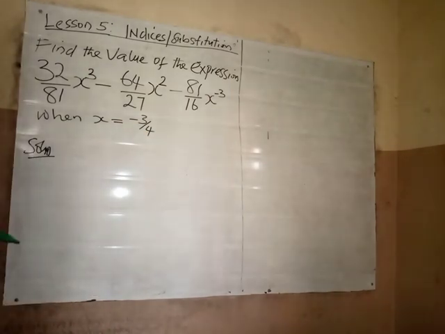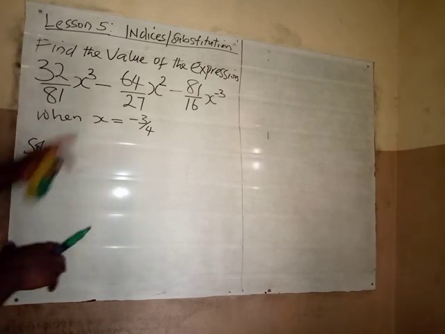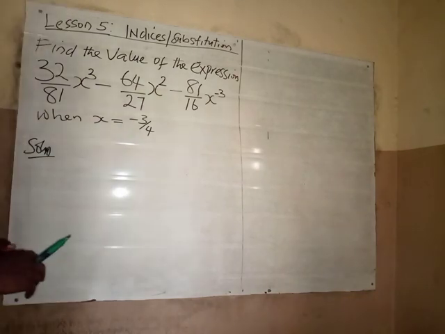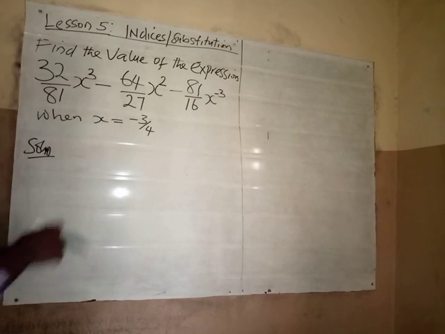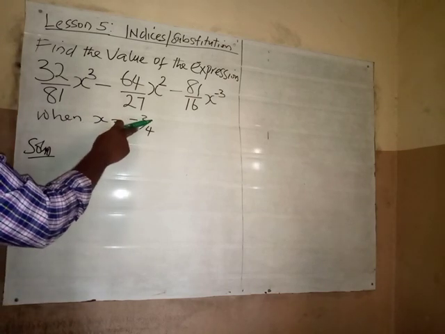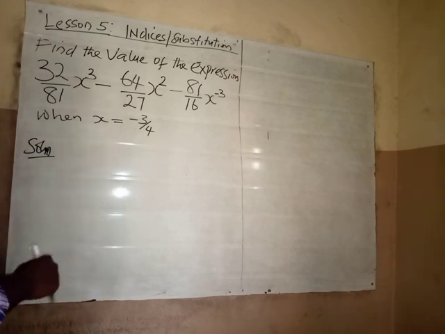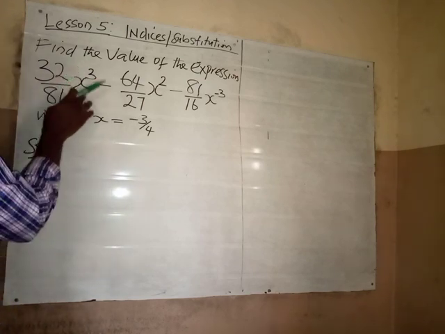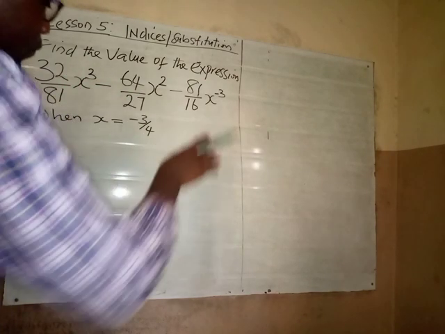In this type of mathematical question, you have been told that anywhere you see s, replace it with minus 3 over 4. So s is a known figure here, just replace it and solve.